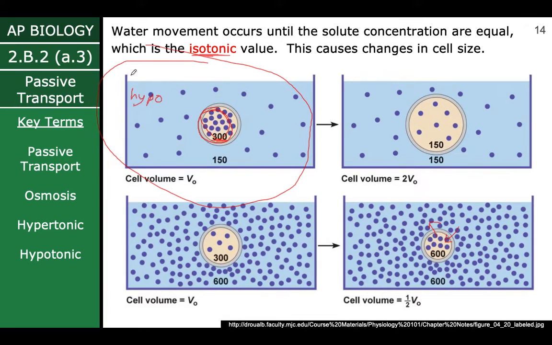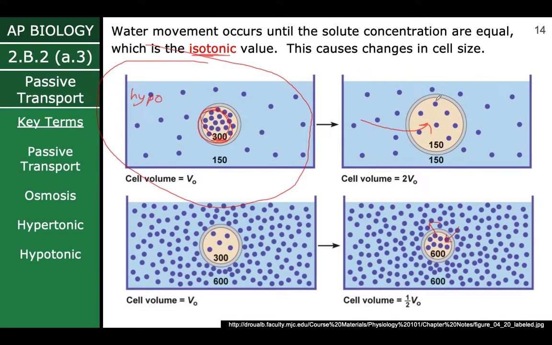So if I want to equalize those concentrations and the purples cannot move, where's the water going to go? I want to equalize the concentrations. The purple can't move, so the only thing that can move is water. So what's the water going to do? Well, as you can see in this diagram, the water is going to go into the cell.